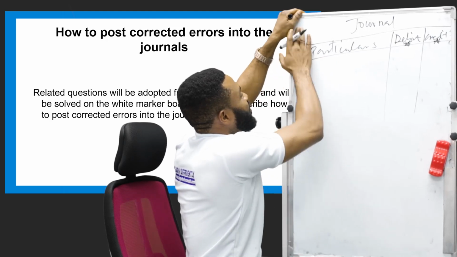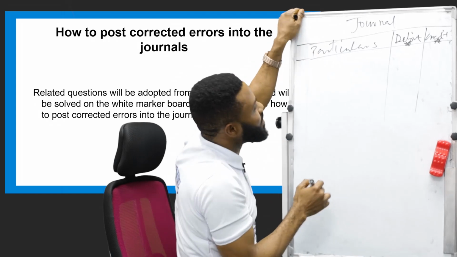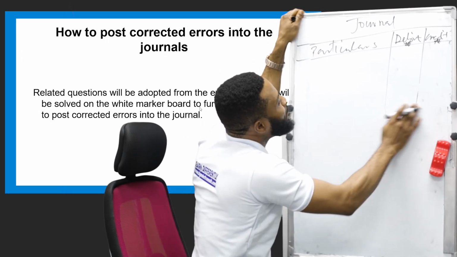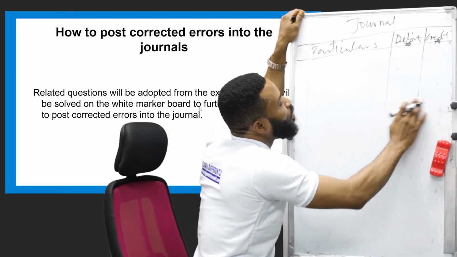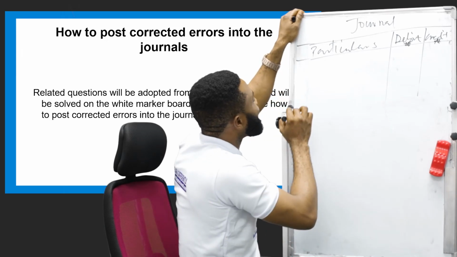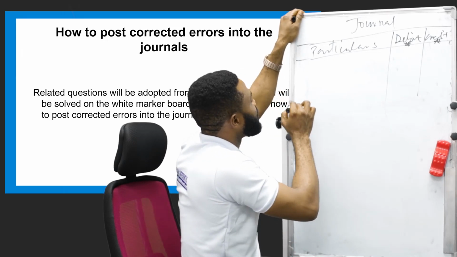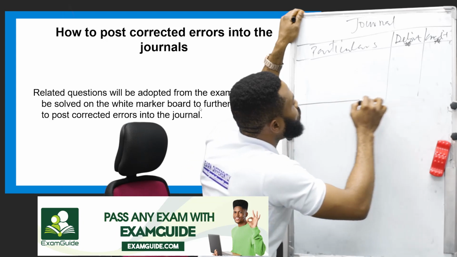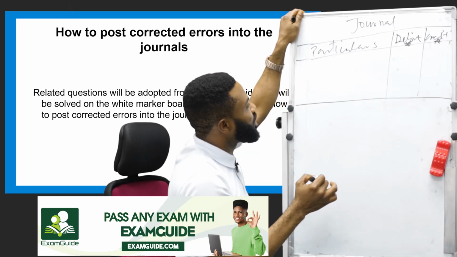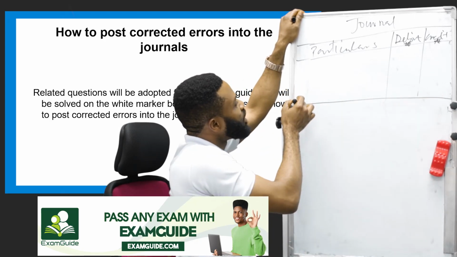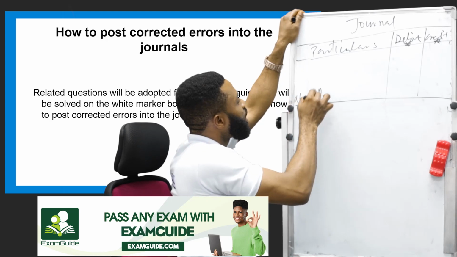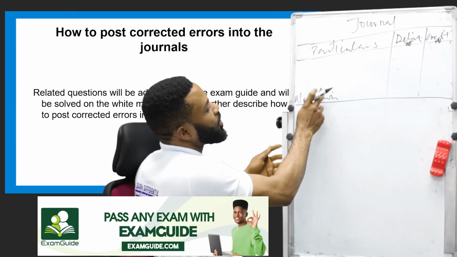You are correcting an error, so there's no need for the date. And then there is another very important part of this journal. It is called the narration. When you rule your line like this to demarcate one transaction from the other, the narration usually comes here. This is where your narration will be.